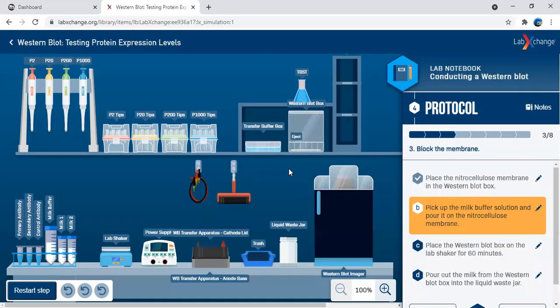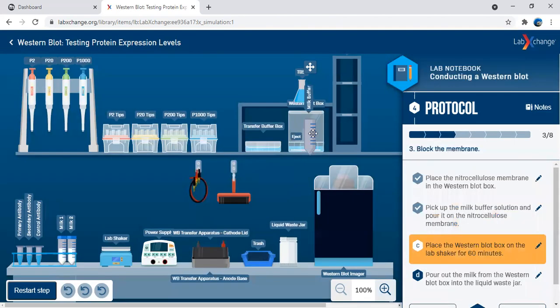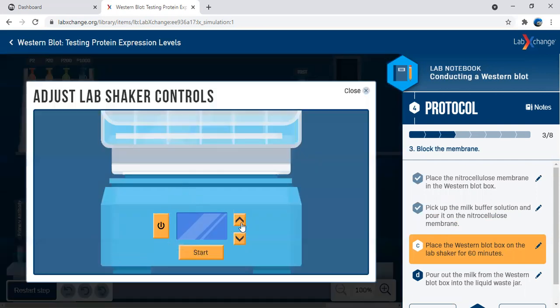And then pick up the milk buffer solution and pour it here. To make the 5% milk solution, how many grams of milk powder would you need in 100 ml? If it's 100, it would be 5. Okay, I'm going to put this back, close it, and now I've got to place it on the lab shaker for 16 minutes.